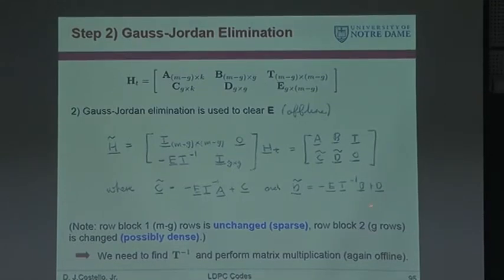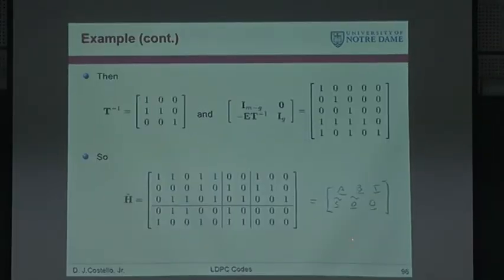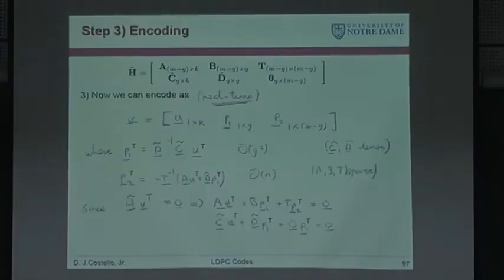Rather than flip back and forth a whole bunch of times to show that that's right, I did check it, actually. It is right. It's easy to make mistakes. But you get this form of the H matrix. So now we have it in this form. This is still sparse, the upper part. We haven't changed the sparsity of the upper part.